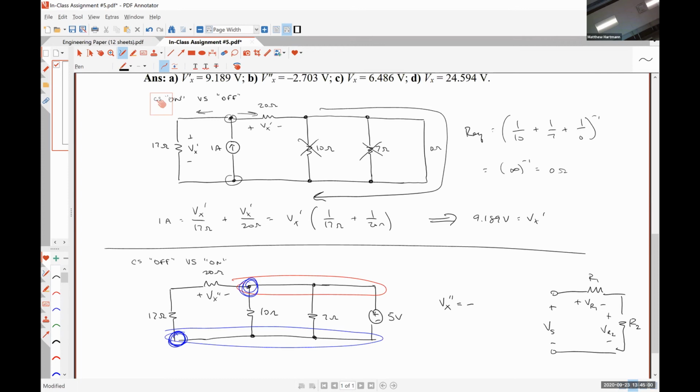right? The polarity that we have assigned to Vx double prime, which is part of the problem statement, is opposite that of what we would expect when using voltage division, right? So we have the source voltage, the positive polarity terminal of the source voltage is connected to the negative polarity terminal of a resistor voltage. So that's why we have to include this extra negative sign here, okay?